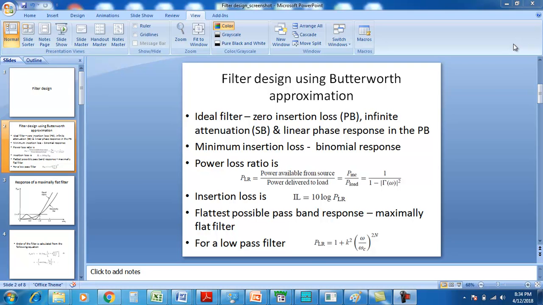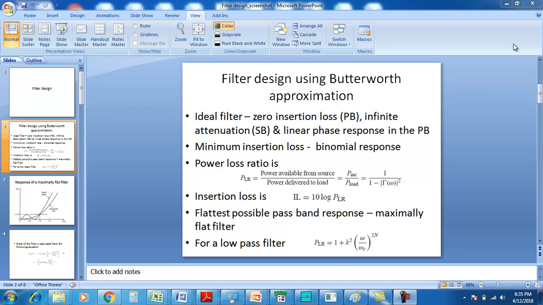Power loss ratio means the ratio between the available power from the source to the power delivered to the load. Power delivered to the load is incorporated by the reflection coefficient. So this power loss ratio is used to calculate the insertion loss of a network.